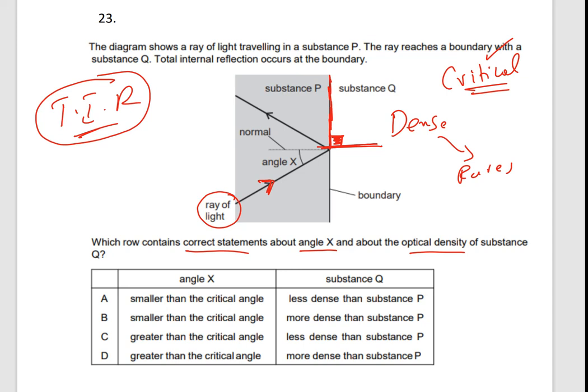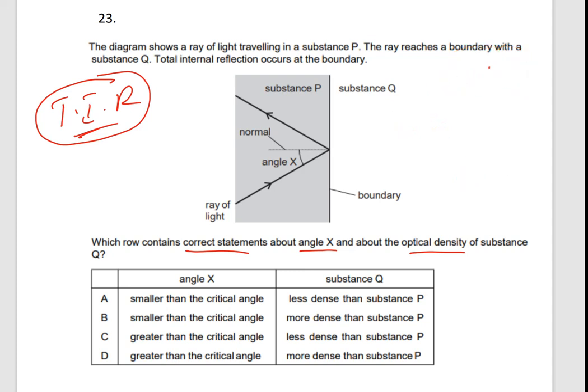If the ray of light is incident in such a way that it's slightly bigger than that critical angle, then the light would undergo total internal reflection. In simple words, when the angle of incidence is greater than the critical angle, total internal reflection takes place.